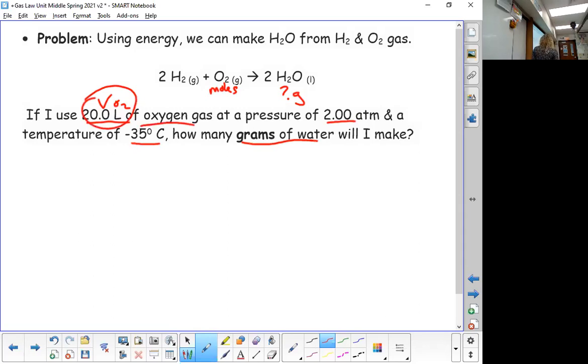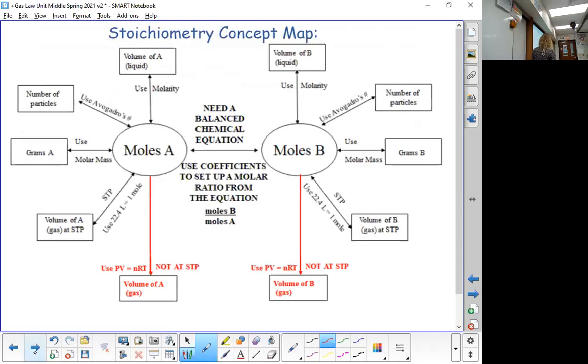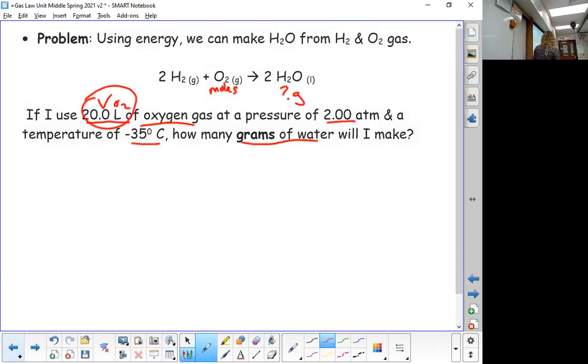So if you look at this, we're starting at volume of a gas, not at STP. We're trying to end up in grams of something different, just to frame it. So with that in mind, we need moles of O2.